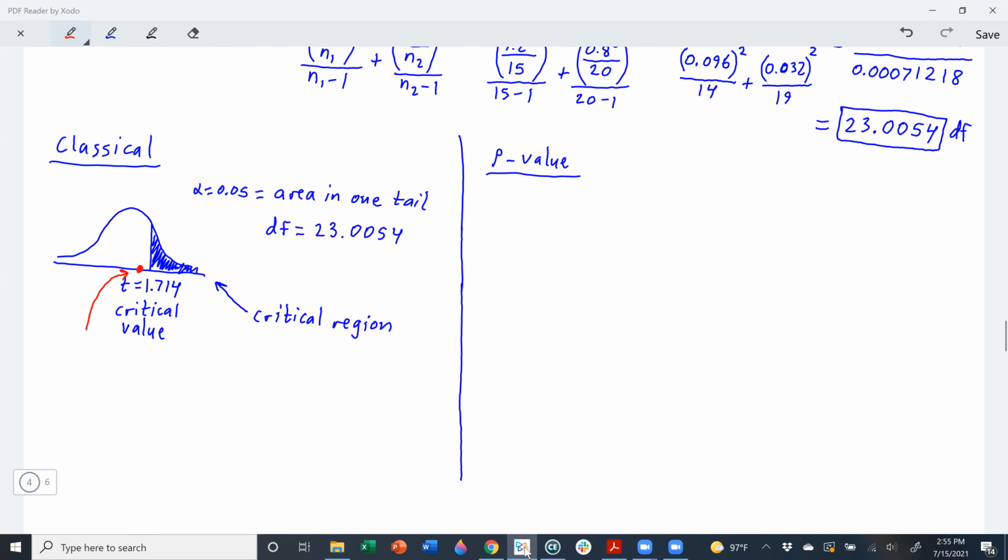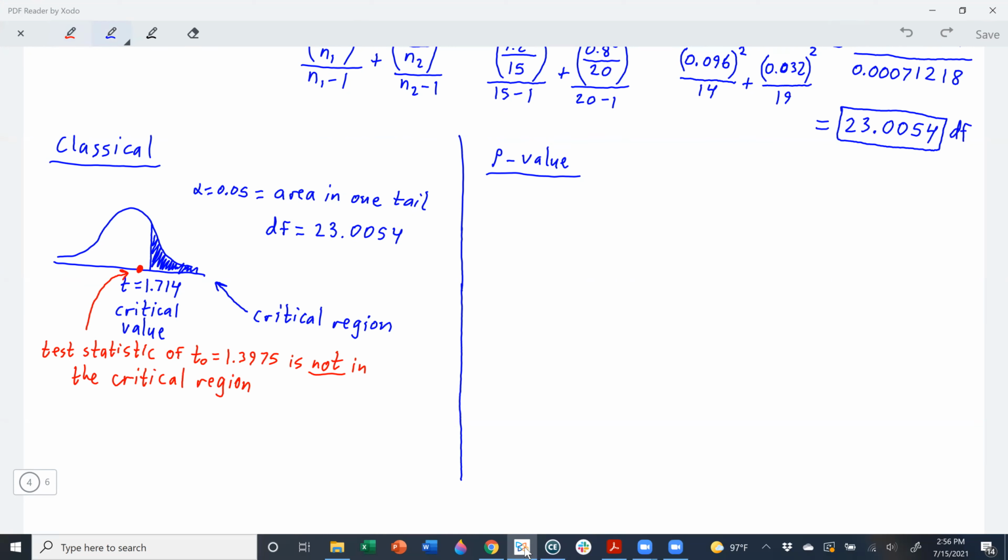Right there, the test statistic of t naught equals 1.3975 is not in the critical region. Not.